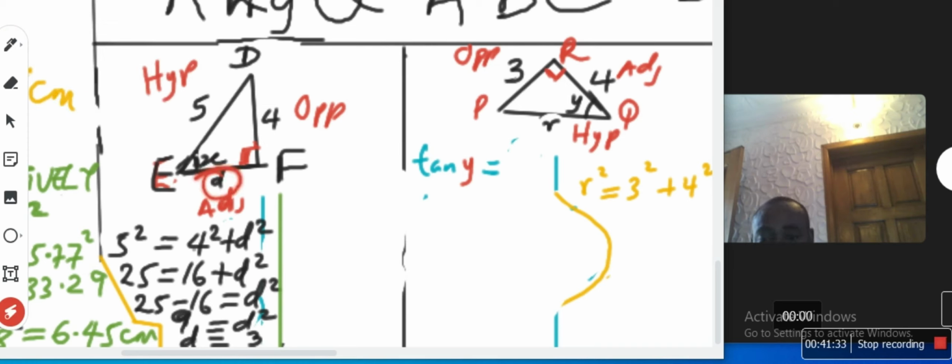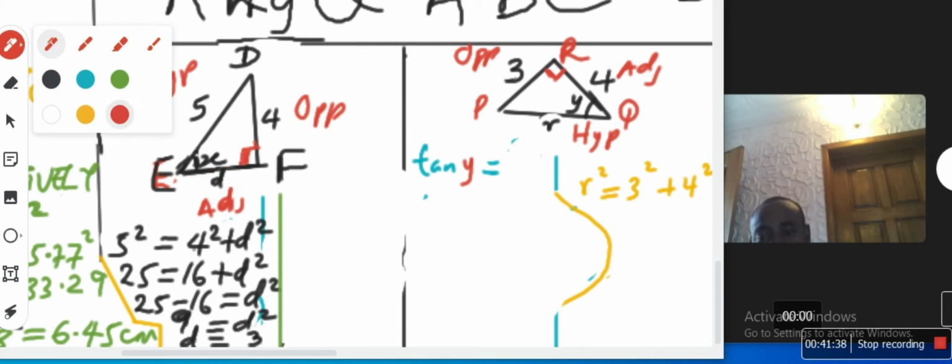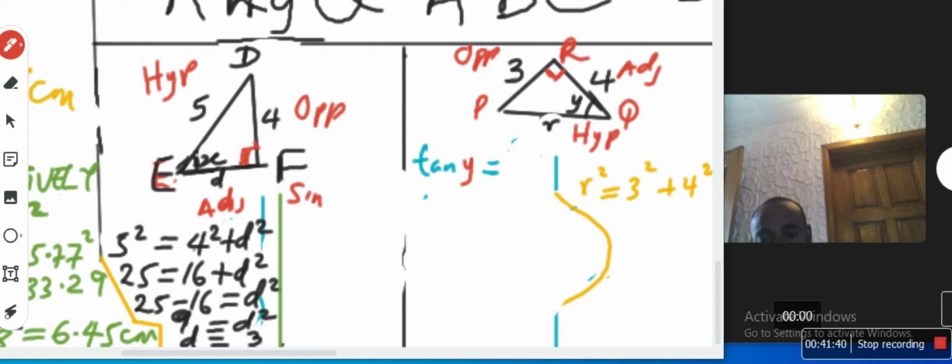We've even found D to be 3. So sine X is what over what? Sine is opposite over hypotenuse, which will be 4 over 5.